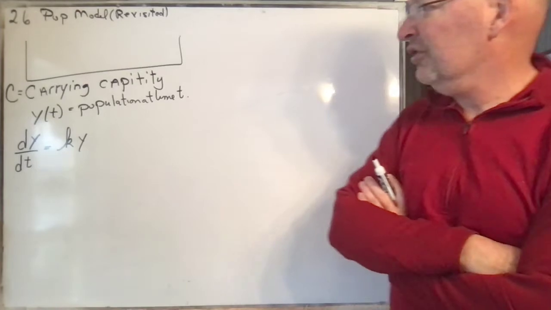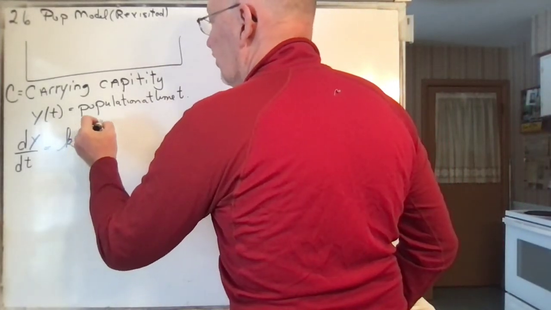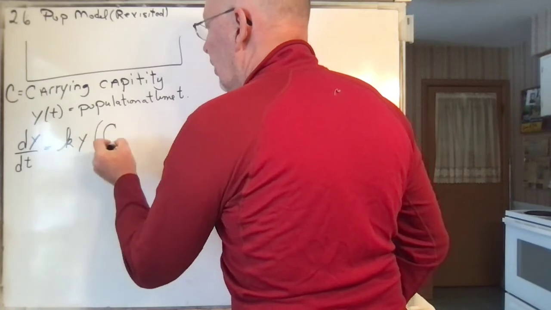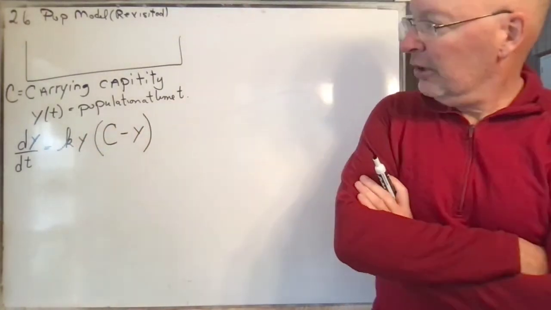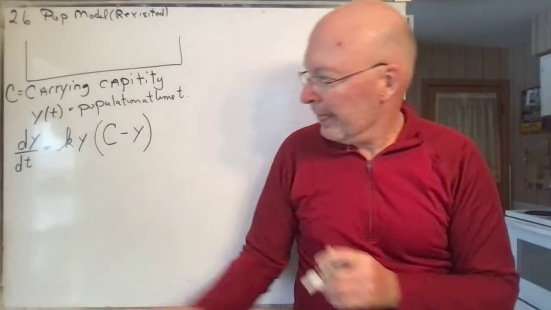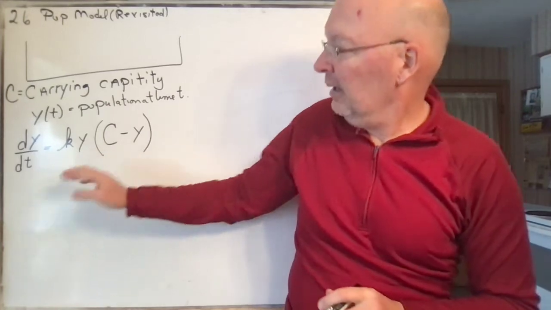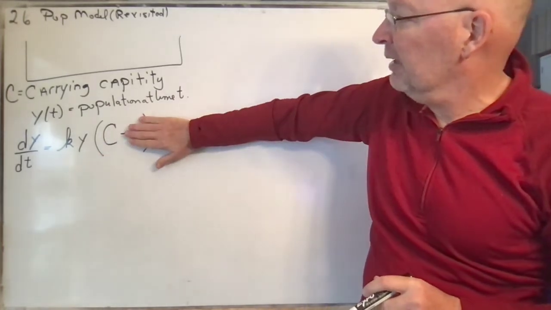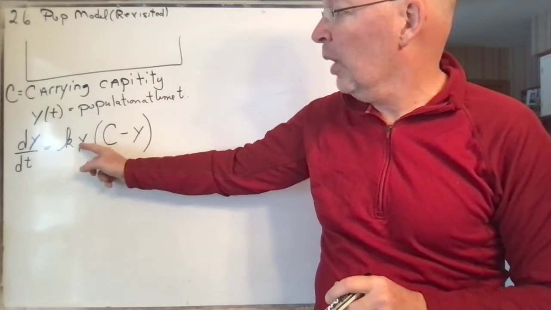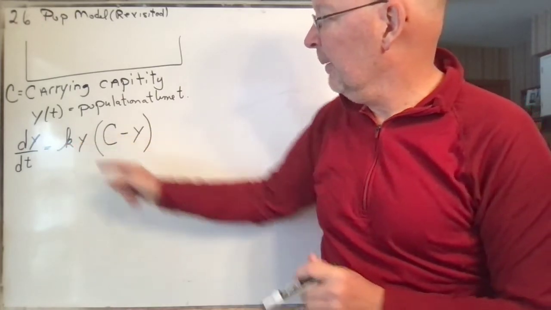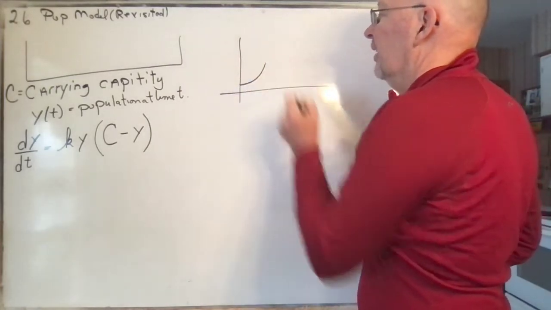But as soon as you start getting close to C, then we want it to start slowing down. So how about multiplying it by something like this? Look at what this does. When y is very small, then this thing here is basically negligible, and you just got roughly a constant times y. And if you have a constant times y, then you know you're going to get growth that just looks like that.